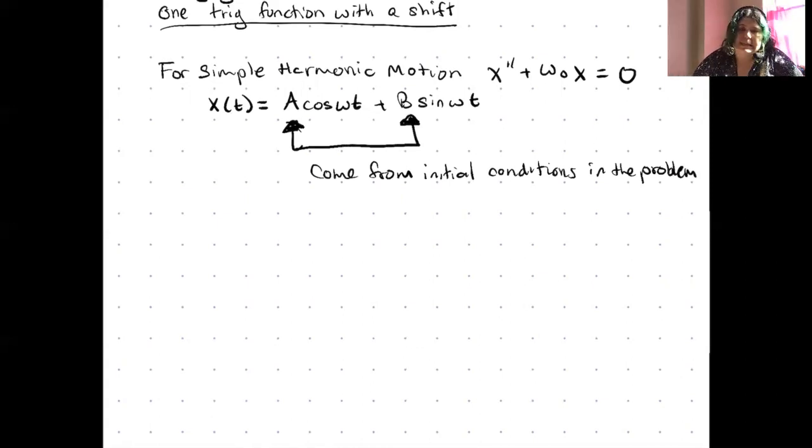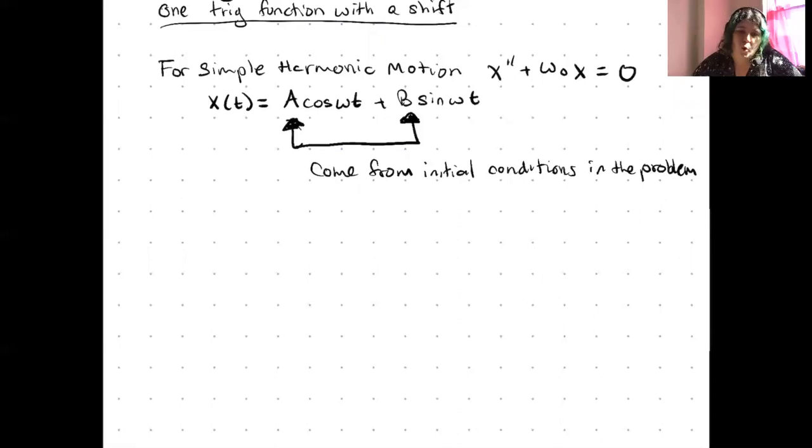So as is, this solution can be plotted if we use some graphing calculator or some plotting program, or if you really want to plug in a bunch of t-values and calculate what x is, you could plot it that way.